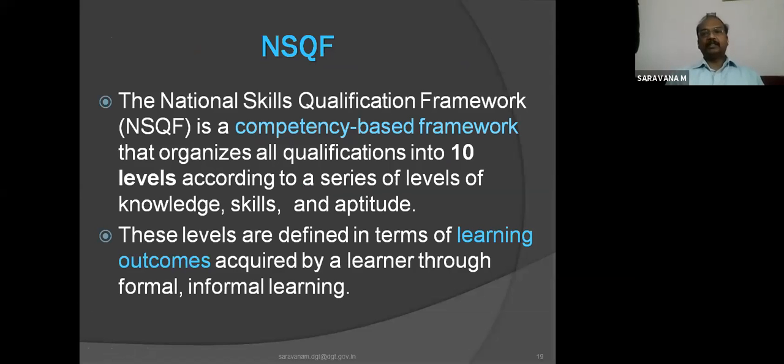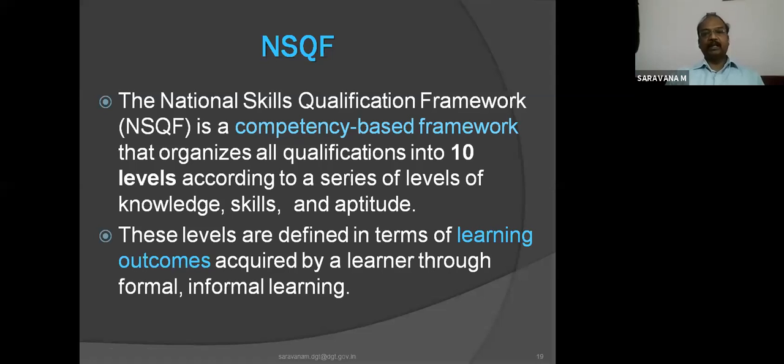So like the cognitive domain, there are 6 components, 6 levels, starting from knowledge to evaluation: knowledge, comprehension, application, analysis, synthesis, and evaluation. So the basic is knowledge. Like that, our NSQF framework also has 10 levels, starting from level 1 to level 10.